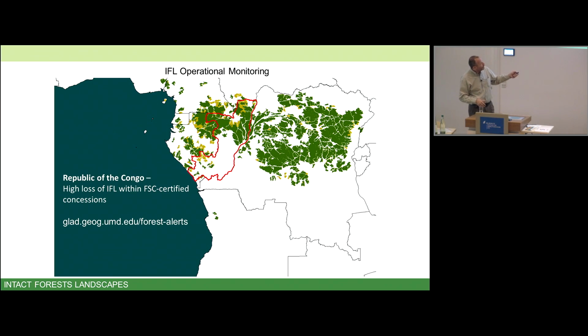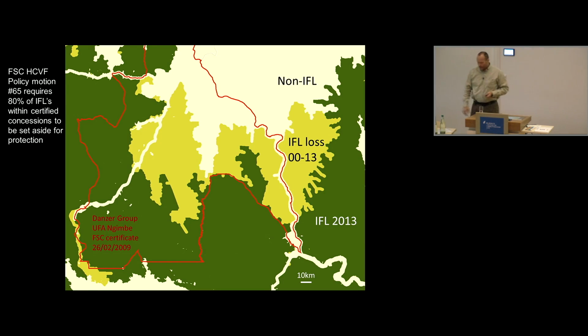But one of the interesting things from a policy perspective is this Forest Stewardship Council has a policy motion that says if you have a concession and you're certified, and we find intact forest landscapes in that concession, 80% of it must be set aside. That's a huge thing. So now the concessions are saying, I've got to give up 80% of my future profit. And the government says, we've got to give up 80% of our taxes from that.